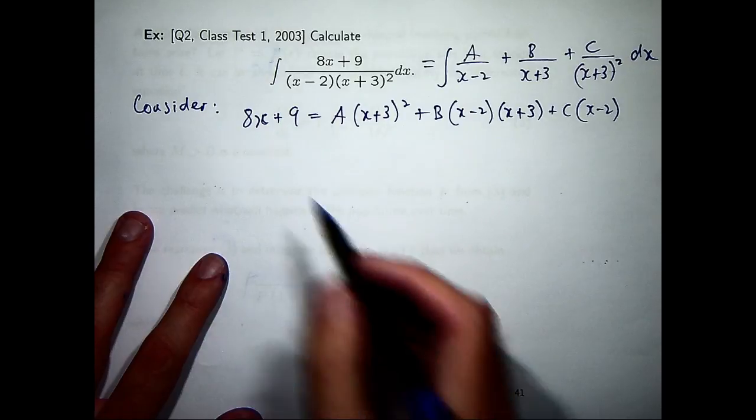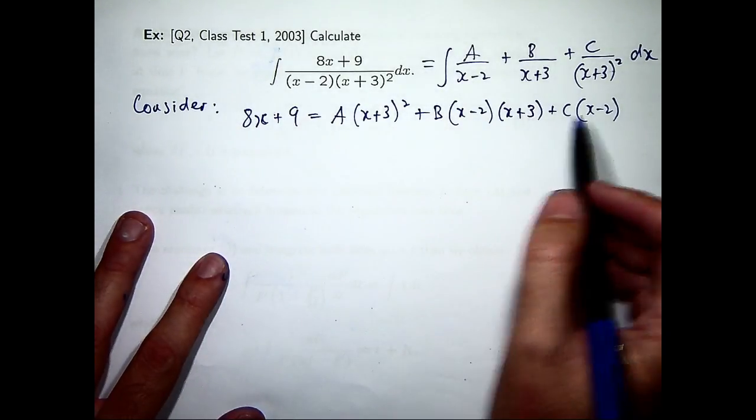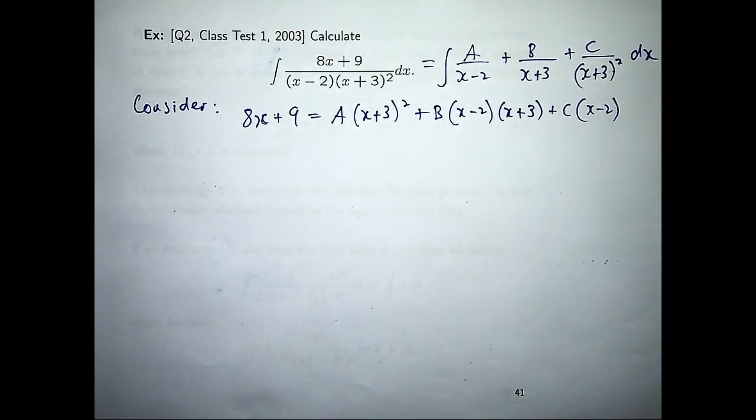Okay, so if I substitute in, say, x equals minus 3 into that bottom line, then I'm going to get a lot of cancellation, right? So I can find c straight away just by plugging in x equals minus 3.